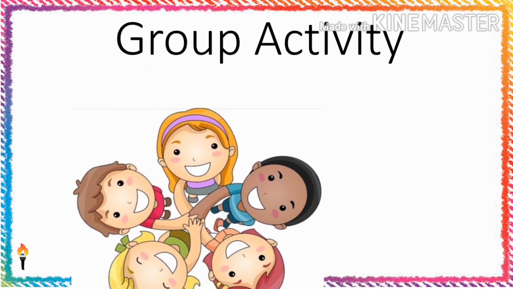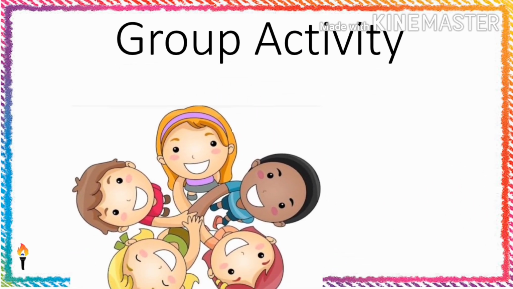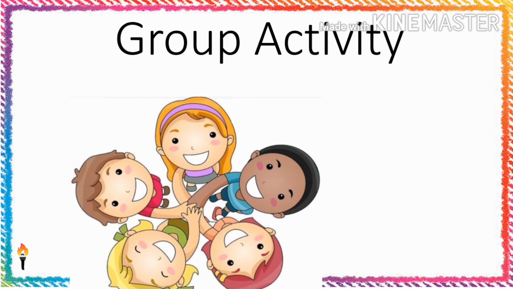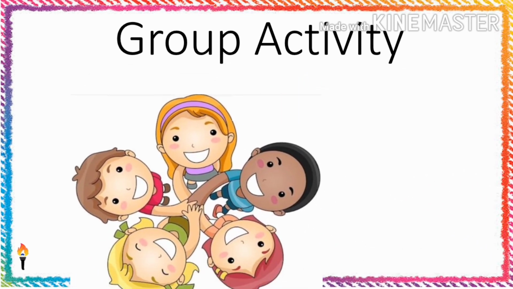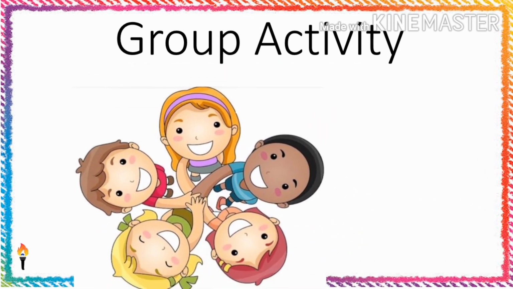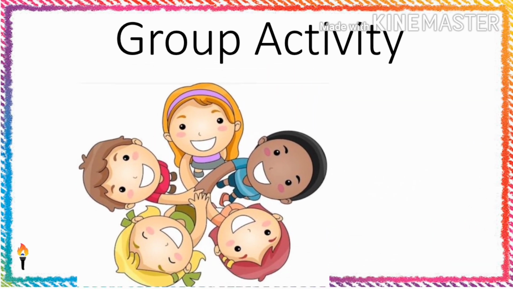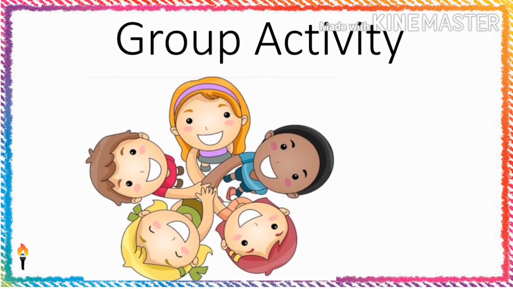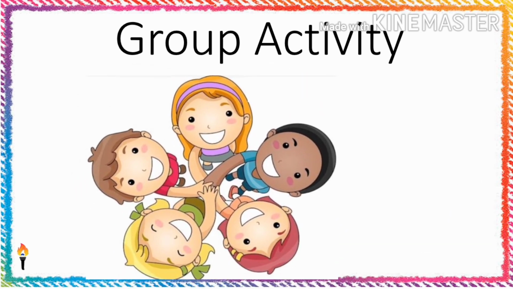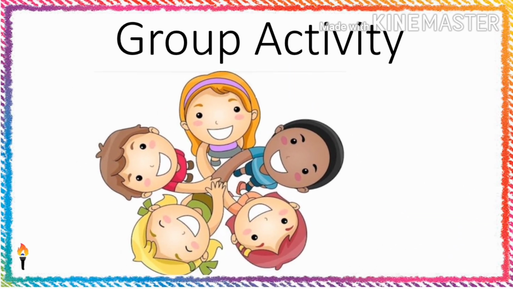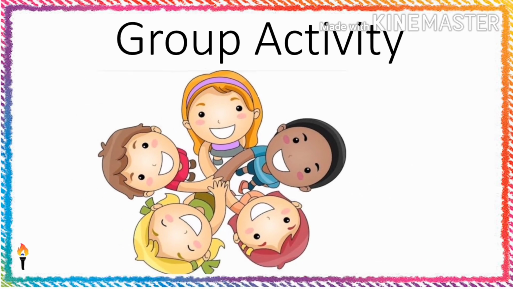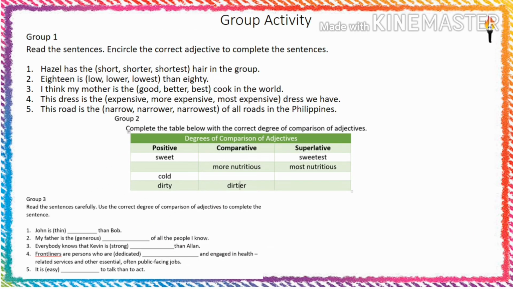Now let us have a group activity. But before that, please be reminded that we have to participate in our group. We have to minimize our voices. And we have to share our knowledge with the group, and always remember that we have a time limit. For group 1, here is what you're going to do. You have to encircle the correct adjective to complete the sentence.